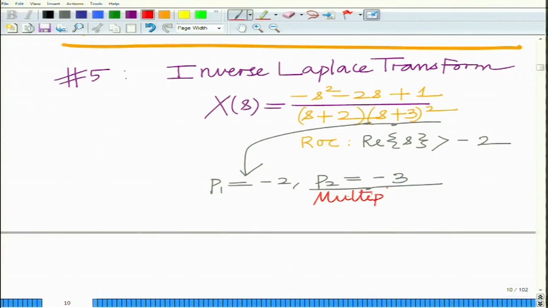Because you have the term of the form (s plus 3) whole square, the pole has multiplicity equal to 2.